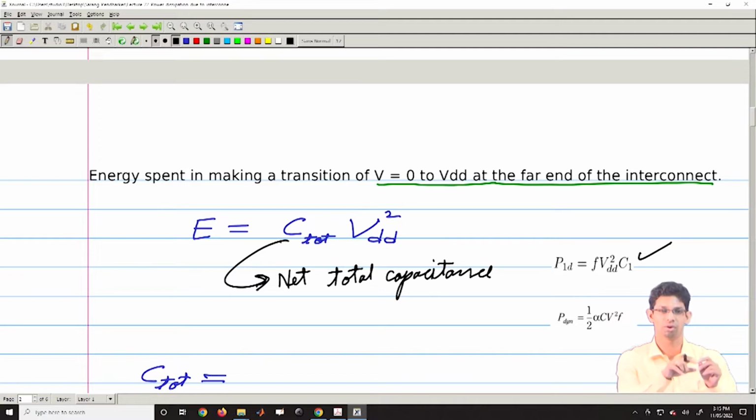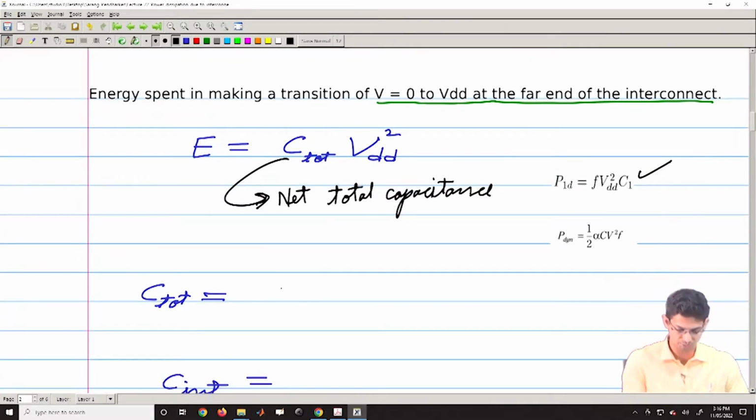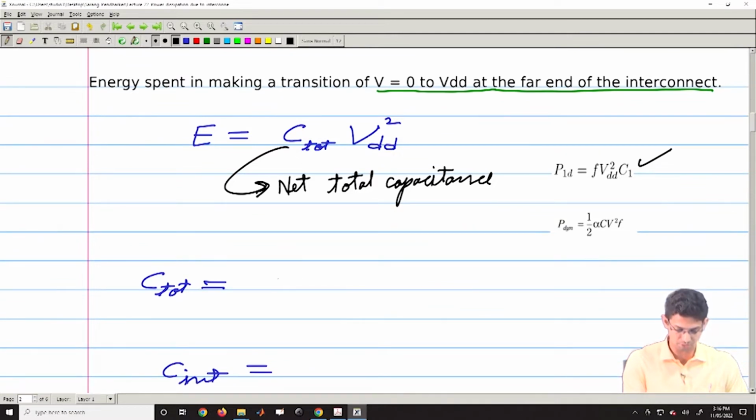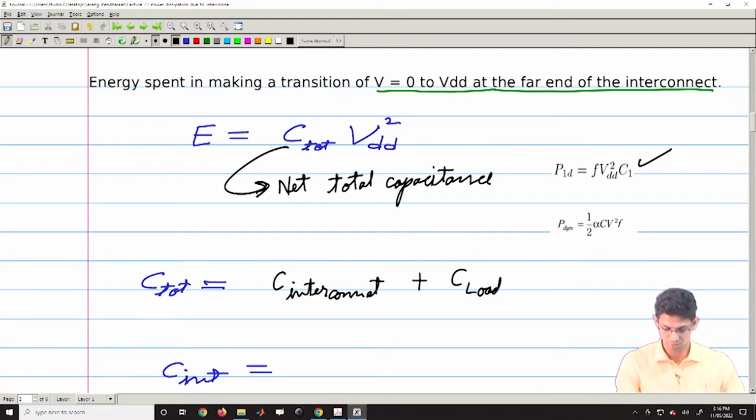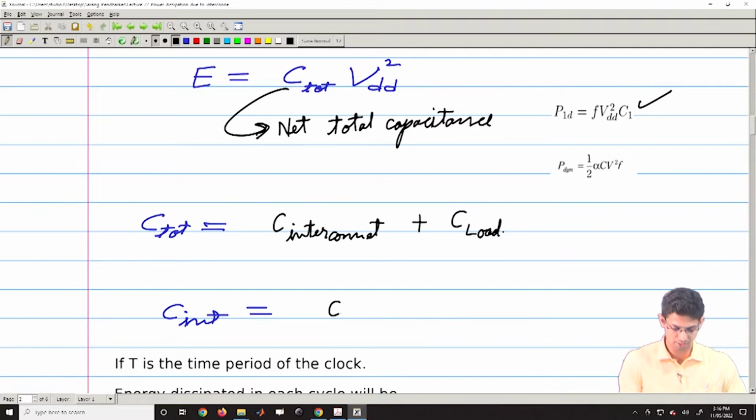So, in one cycle of on to off to on and then going back to off, your total energy which is wasted is C total into VDD square, where C total is equal to the interconnect capacitance, C interconnect plus C load. And what is your C interconnect? C interconnect is C into L. So, this is your C interconnect.